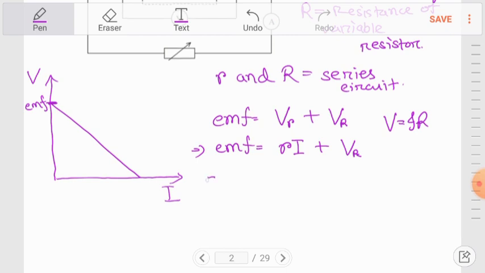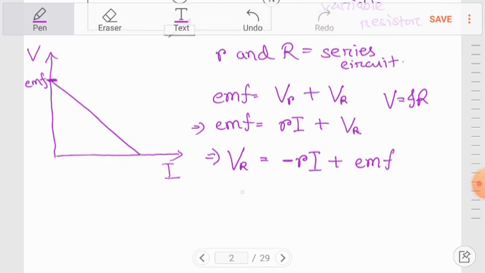So if you make V subscript R the subject of the equation, it will look like V_R = -r × I + EMF. This is exactly in the form of y = mx + c.